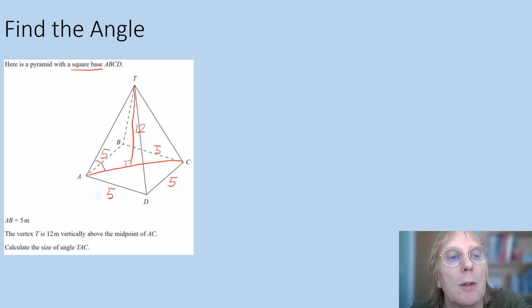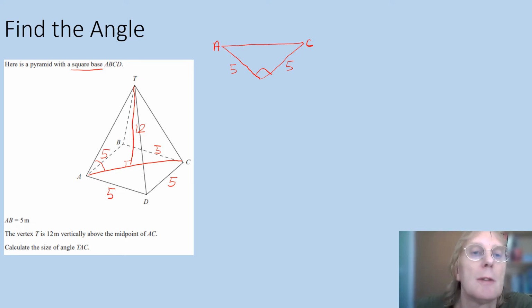So I'm going to just draw a little bit of a line. There's AC, and that's the diagonal of the square. So one half of the square is going to look like that, 5 and 5, and that would be at a right angle. So looking at that, I can use Pythagoras to find out the length of AC.